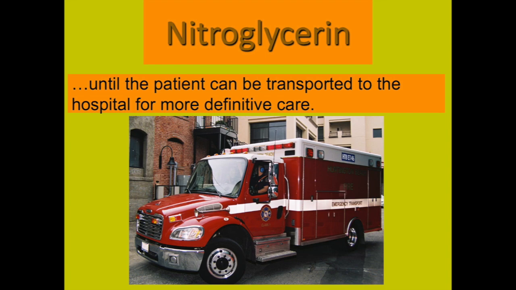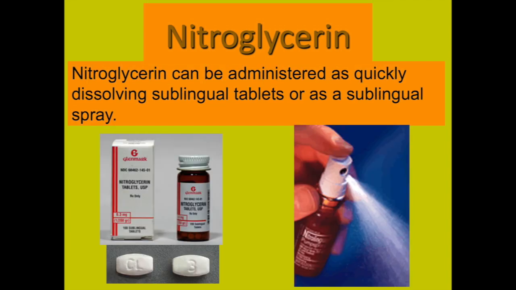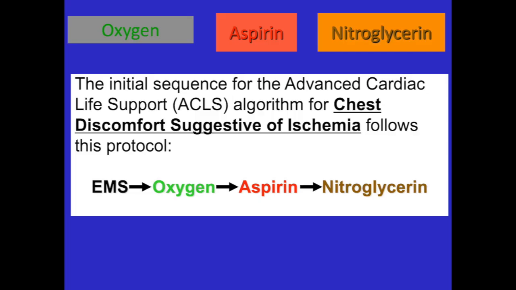So you've given them aspirin and you've given them sublingual, under the tongue, nitroglycerin. It can also be given not only as a quickly dissolving tablet, but as a spray that goes underneath the tongue. So for cardiac life support, when you've had your ACLS, this is applied for a person with chest discomfort, and you follow the protocol, call EMS, and these can happen all at once with your trained personnel.